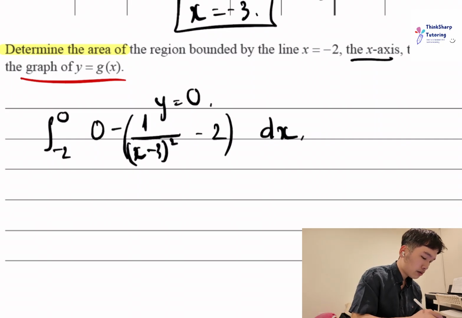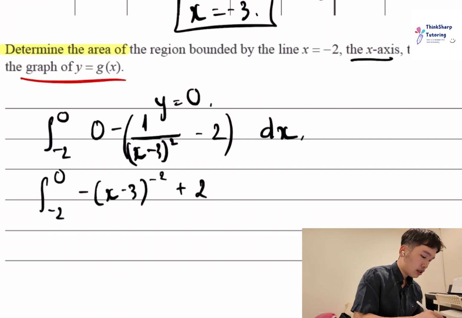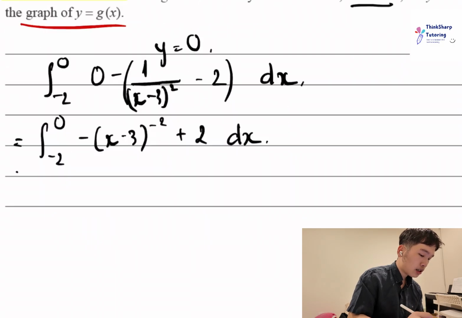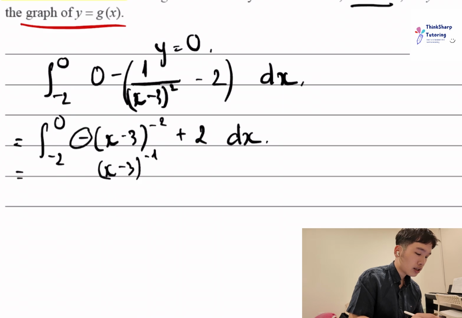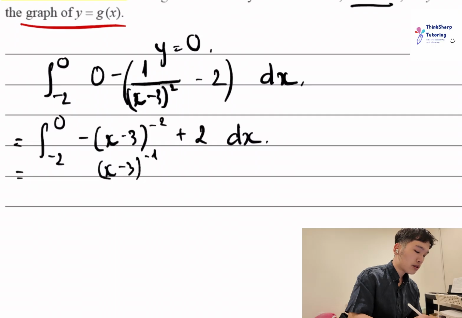So that will be negative 2 to 0 of negative of (x minus 3) to the power of negative 2 plus 2 dx. And that is equal to, so x minus 3, we want to go up by 1 unit. So (x minus 3) to the power of negative 1. And obviously we want to divide by negative 1. So this is a negative, and when you divide by negative 1, the negative cancels out. So there's no more negative. So this is now positive. 2 becomes 2x, evaluated from negative 2 to 0.